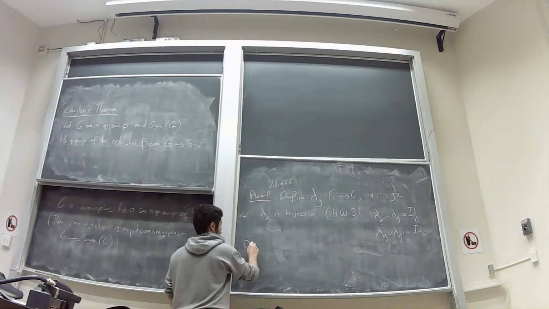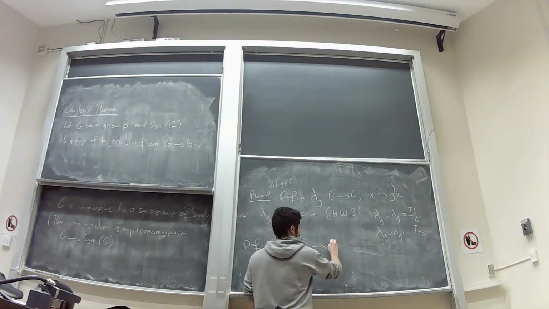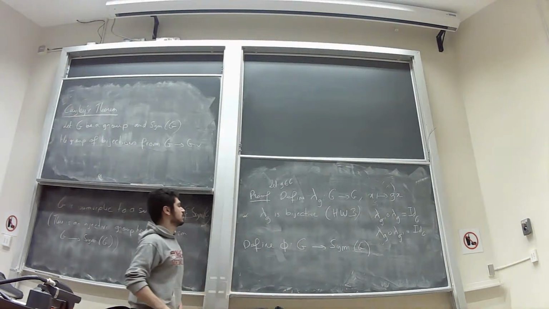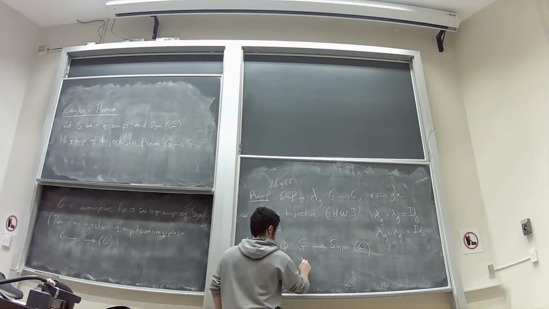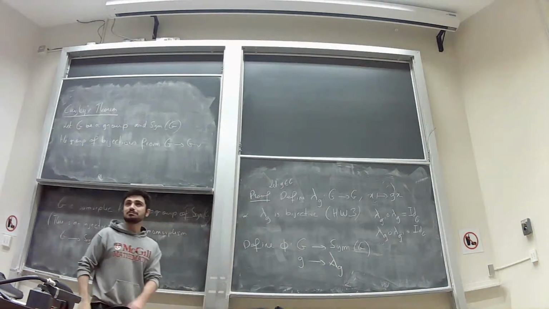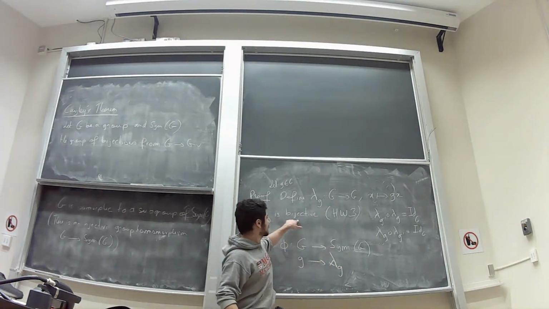Now define phi from G to Sym(G) by sending little g to this function lambda_g. So lambda_g is an element of the symmetric group on G because it's a bijective function from G to G.